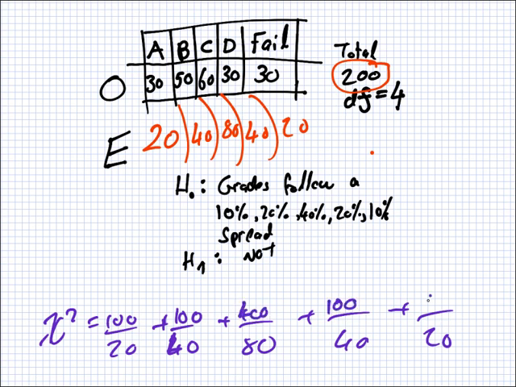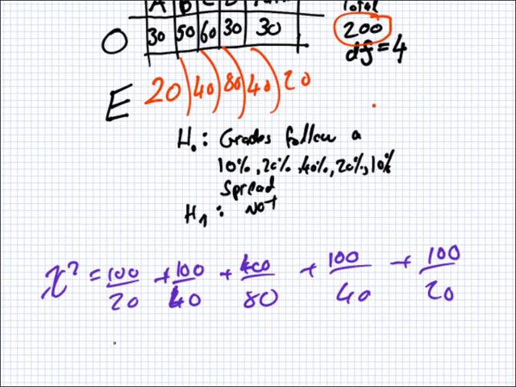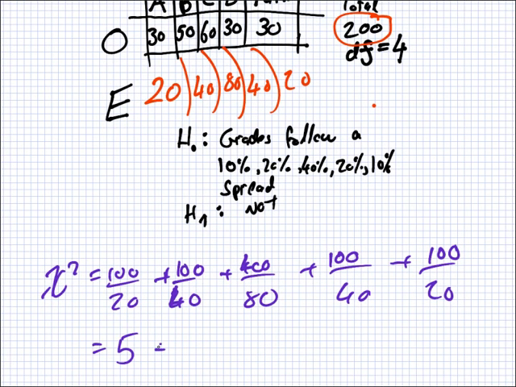So that's 5 plus 2.5, plus 5, plus 2.5 again, plus 5. That's 17.5? No, 20.